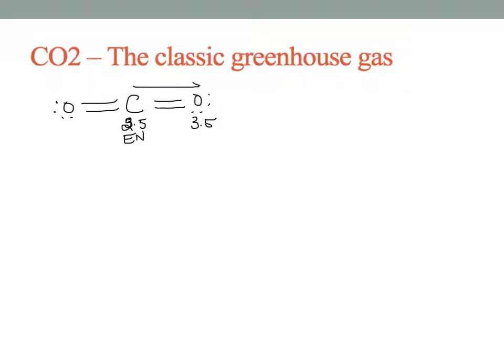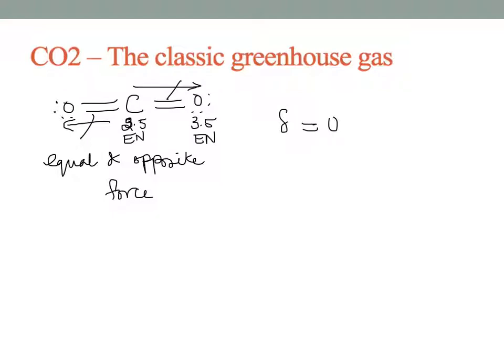So my polarity arrow always points towards the one that has the higher electronegativity, the oxygen. And we find that we have two arrows in opposite directions. So think about a tug of war where two things are pulling with equal and opposite force. So what happens here is that they cancel each other out, which means the dipole moment is 0 for carbon dioxide.